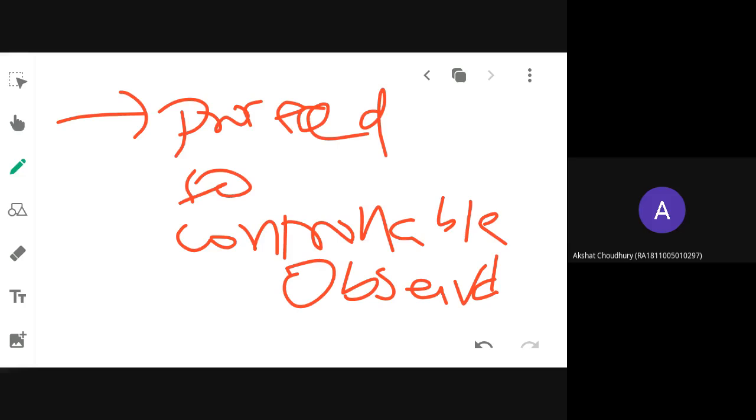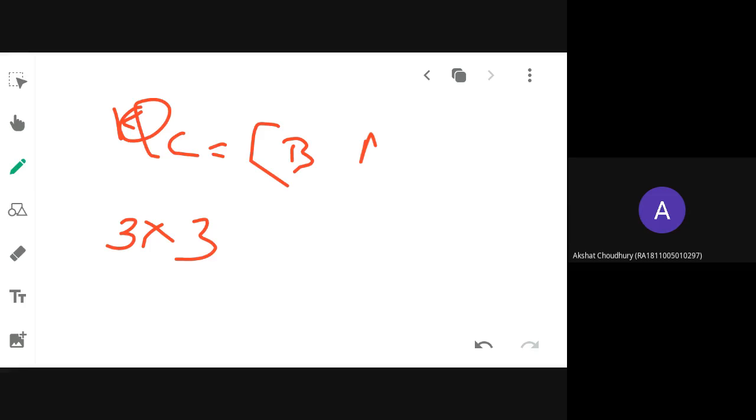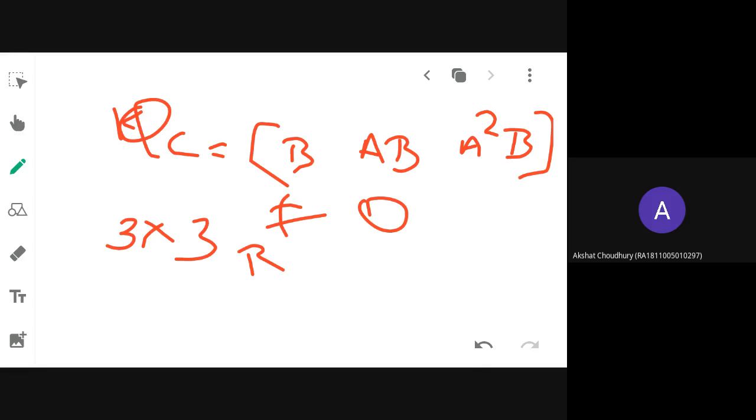So what is Kalman's test? What is QC? Tell me the formula. This is a 3 cross 3, so what will be the matrix? B, AB, A squared B. With that you can stop. This should not be equal to 0, and the rank should be equal to n. Then for finding out observability, what is the matrix?